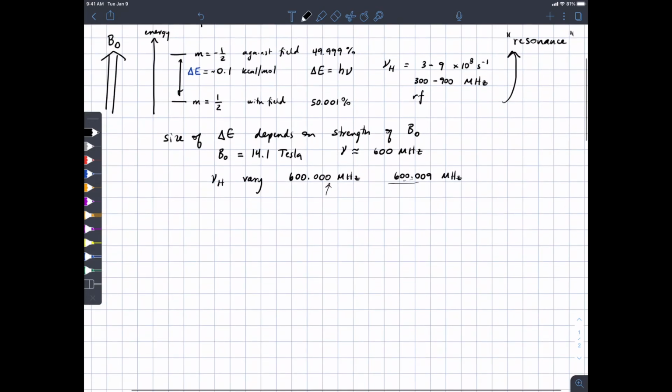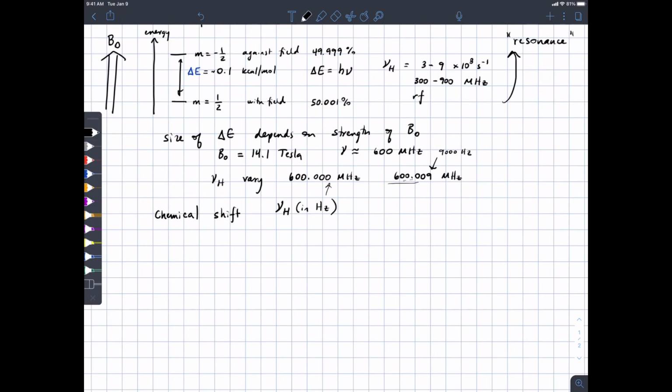So the way we've chosen to deal with that is to define a version of frequency that gets us to reasonable numbers. So we define chemical shift by taking the frequency of a proton resonating in units of hertz. So this would be 9,000 hertz as an example.